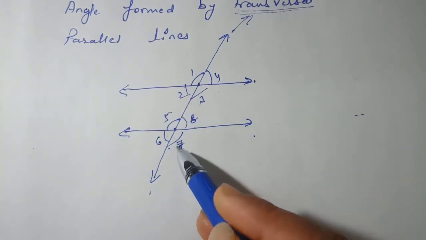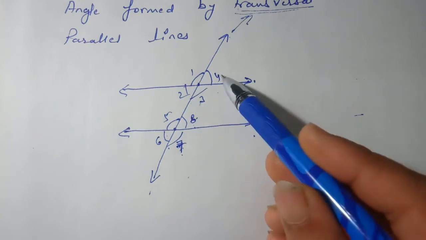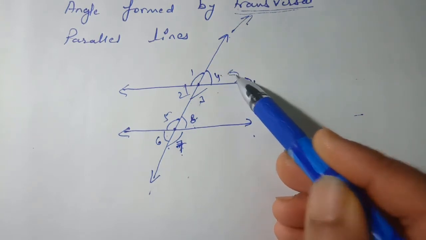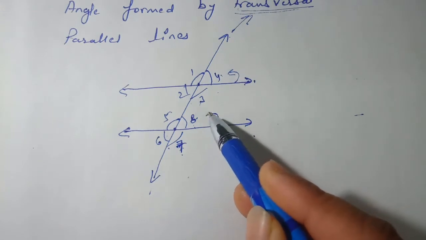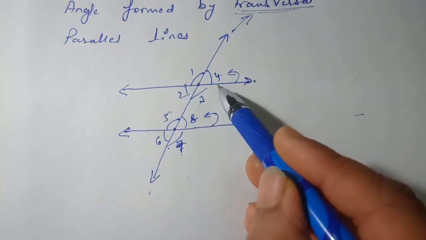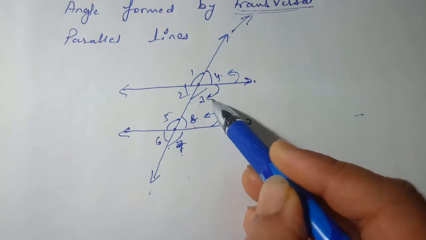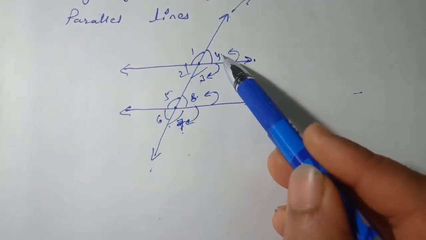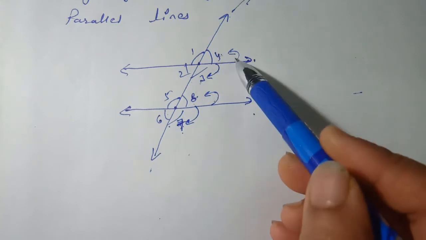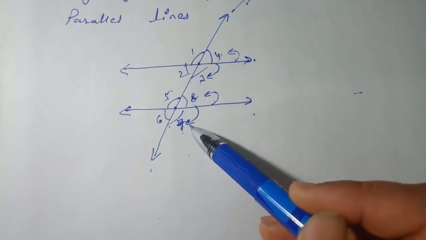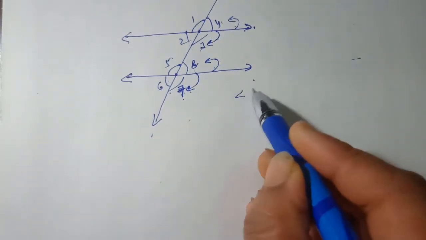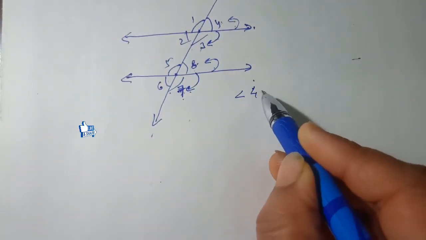Out of these 4, 2 are above the parallel line: this is above and angle 8 is also above. And 2 are below the line: 3 is below and 7 is below. So there is a relation between the angles above the line and the angles below the line. What is the relation? These angles are equal.